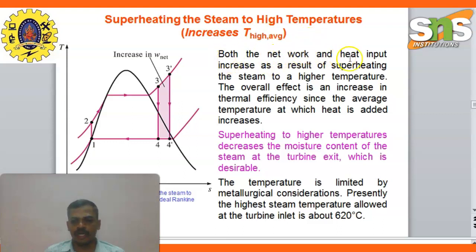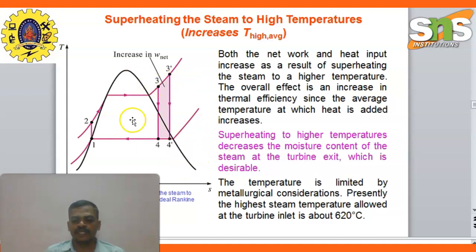Both the net work and the heat input increase as a result of superheating the steam to a higher temperature. The overall effect is an increase in thermal efficiency, since the average temperature at which heat is added increases. Superheating to higher temperatures also decreases the moisture content of the steam at the turbine exit, which is desirable.